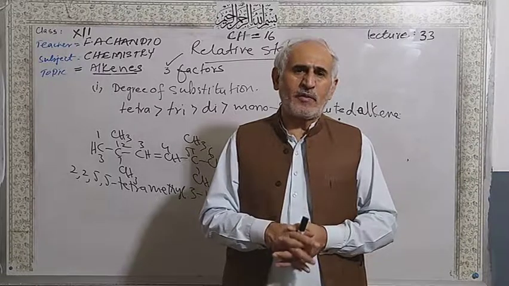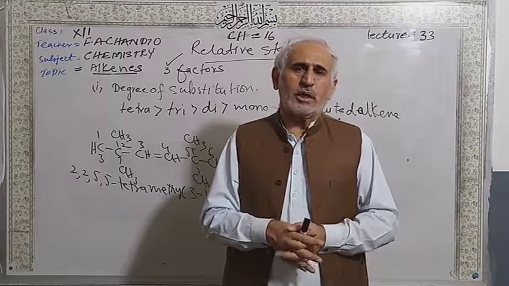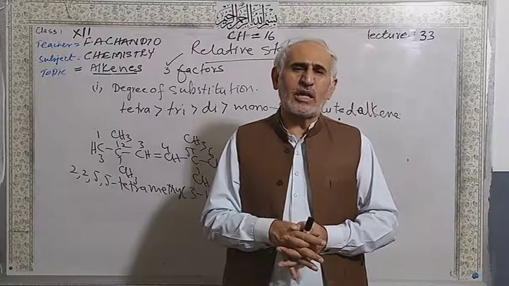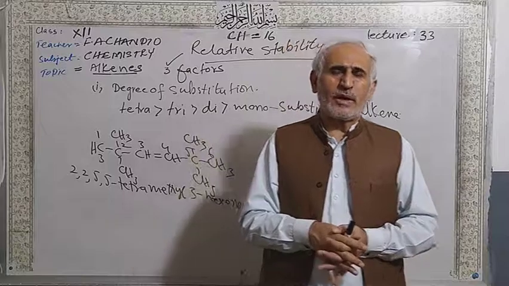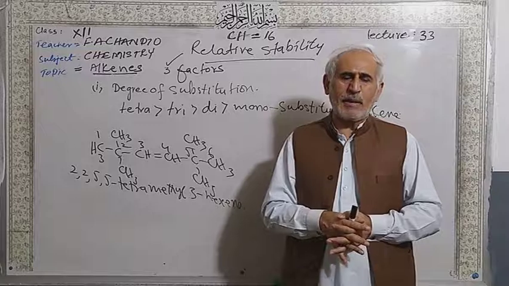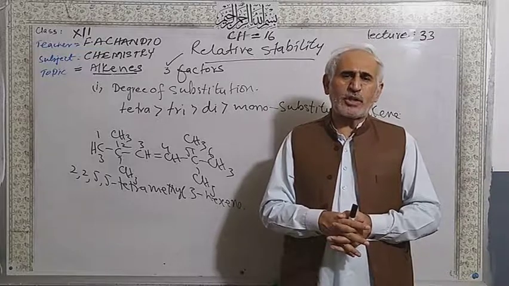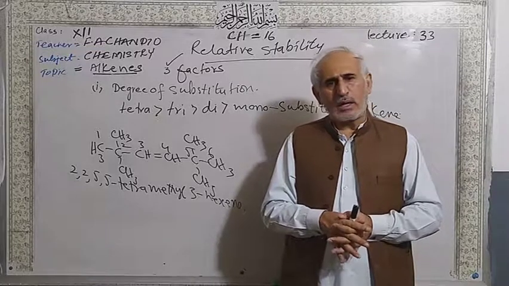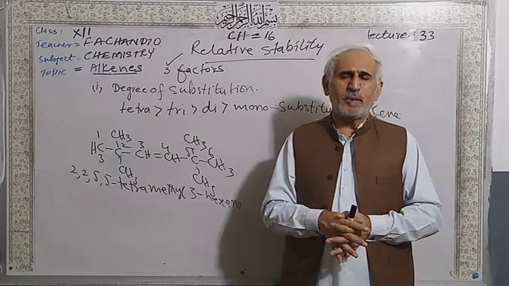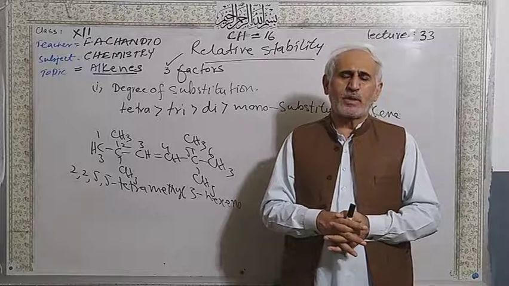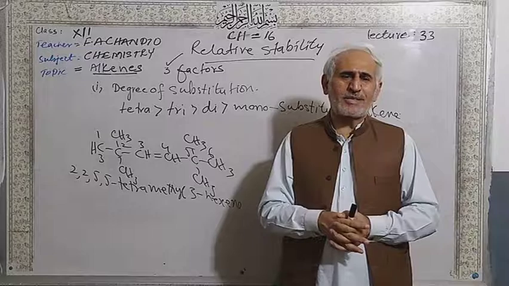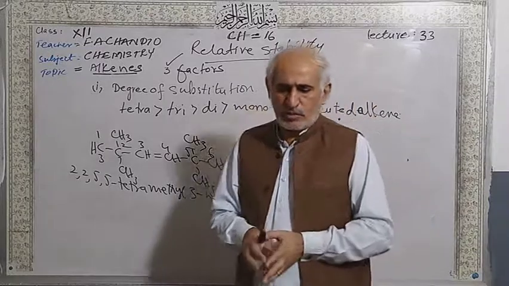This type of isomerism is called geometrical isomerism or cis and trans isomerism, where the structural formula of the organic compound is the same, but the position of the alkyl groups or maybe halogen groups in the compound is different.